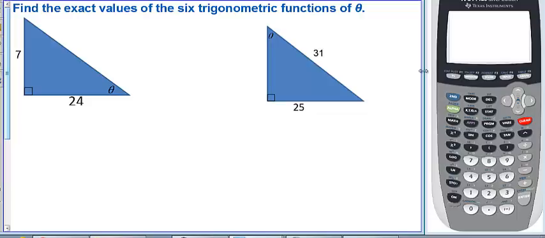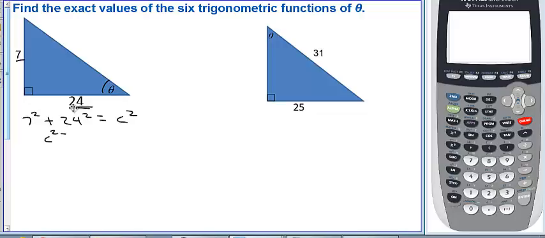Find the exact values of the 6 trigonometric functions of theta. And here we have a right triangle, and the legs are 7 and 24. And we've picked this angle down here, the bottom angle rather than the top angle. So now 7 is opposite, and the 24 is the adjacent side. Well, we need to know the hypotenuse, so of course, we're going to use the Pythagorean theorem. 7 squared plus 24 squared equals c squared, the hypotenuse.